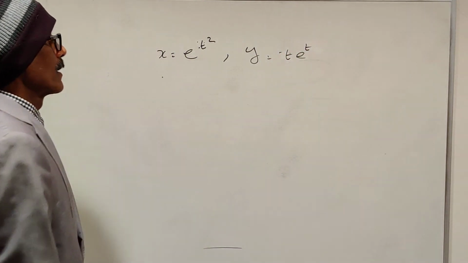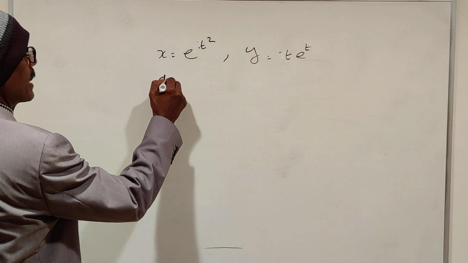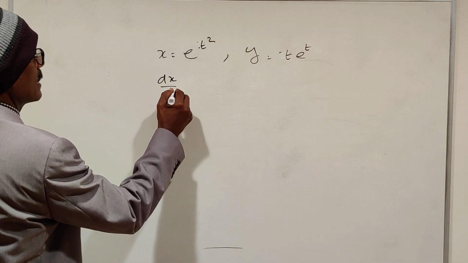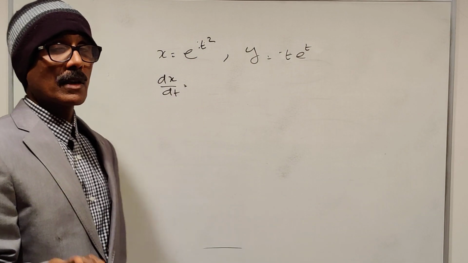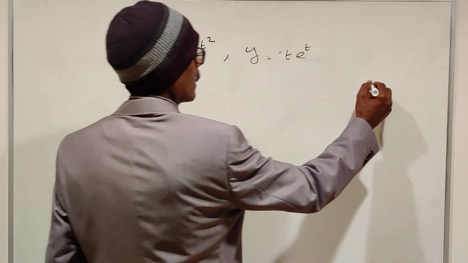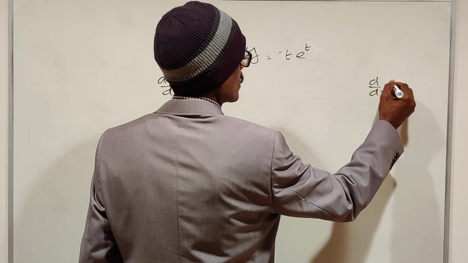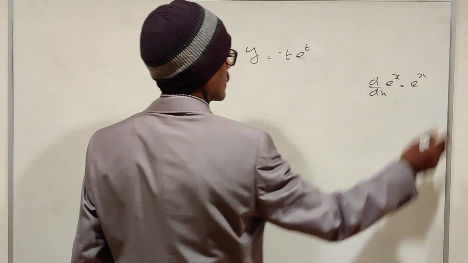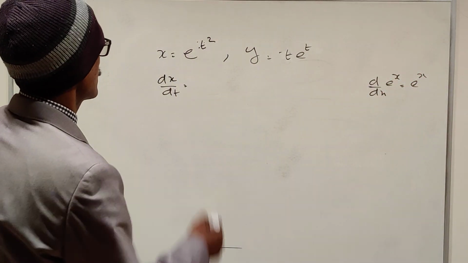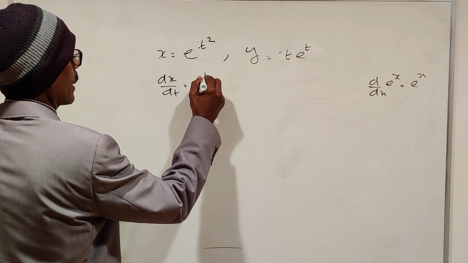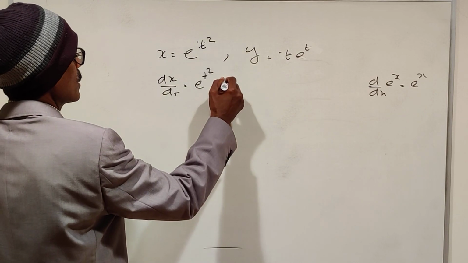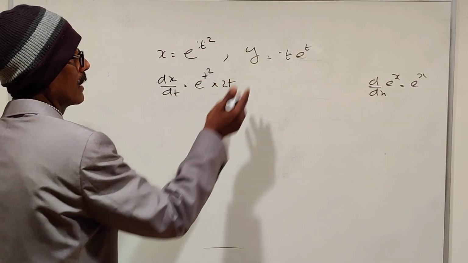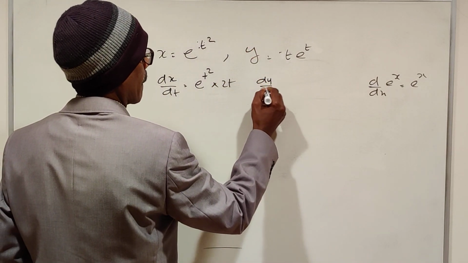Okay, this is easy. dx by dt equals what? What is the derivative of e raised to u? e raised to u, right? No change. d by dx of e raised to x is e raised to x itself. So here e raised to t square, then use the chain rule. Derivative of t square is 2t. Okay, finished.